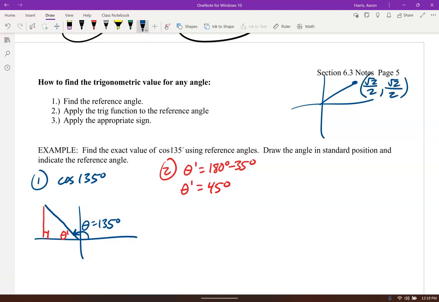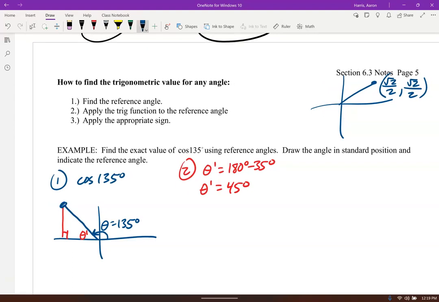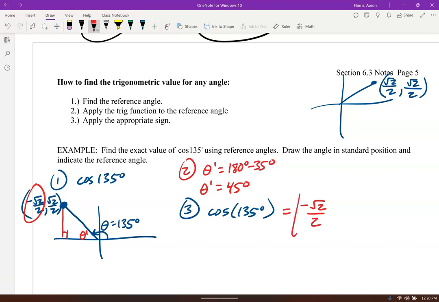So 135 will just have a negative x. So on the unit circle it will be at negative x, positive y, but it'll have the same x and y. It's just your x will be negative, right? So now we could just apply the appropriate sign, if you will, the cosine of 135 degrees, which is the x value, is negative root 2 over 2.